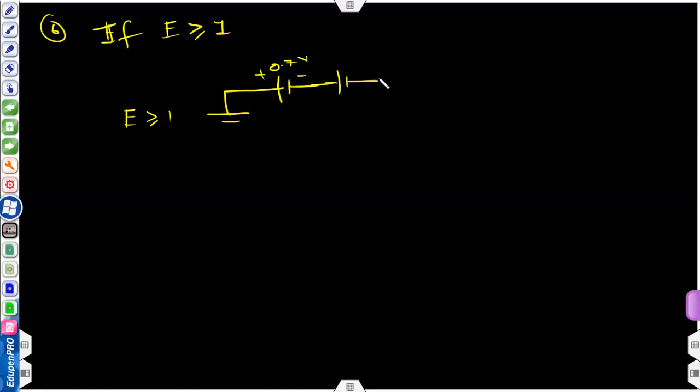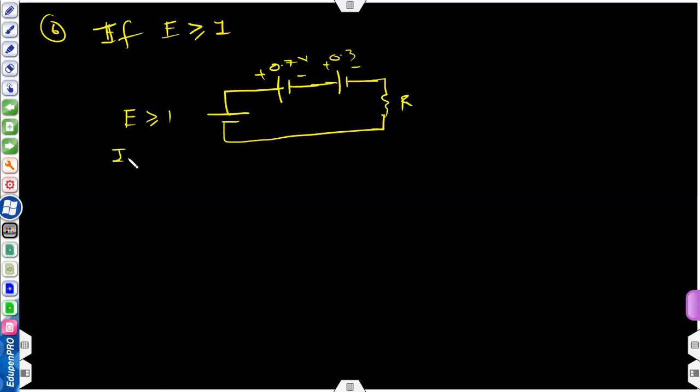Case 2. If E is greater than or equal to 1 volt, you simply replace the silicon diode by a 0.7 volt voltage source, and germanium by a 0.3 volt source, and the external resistance.